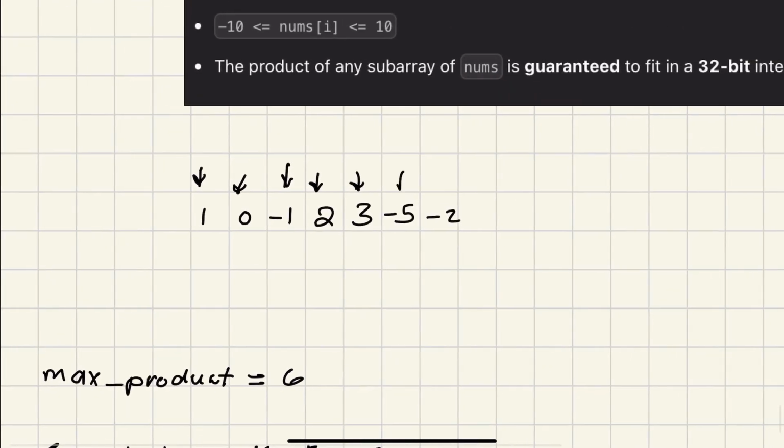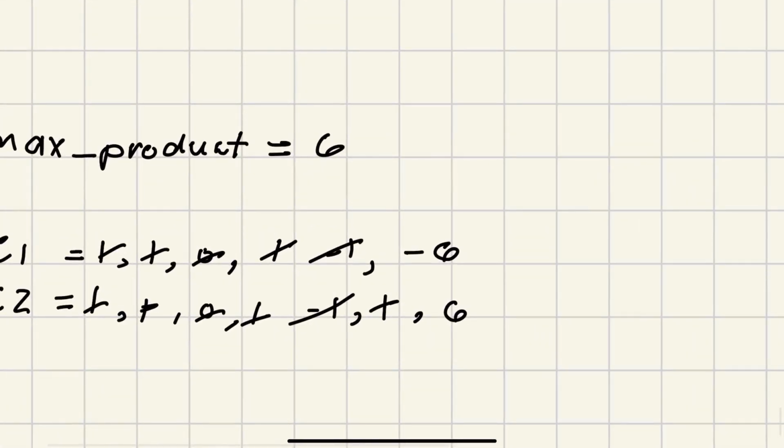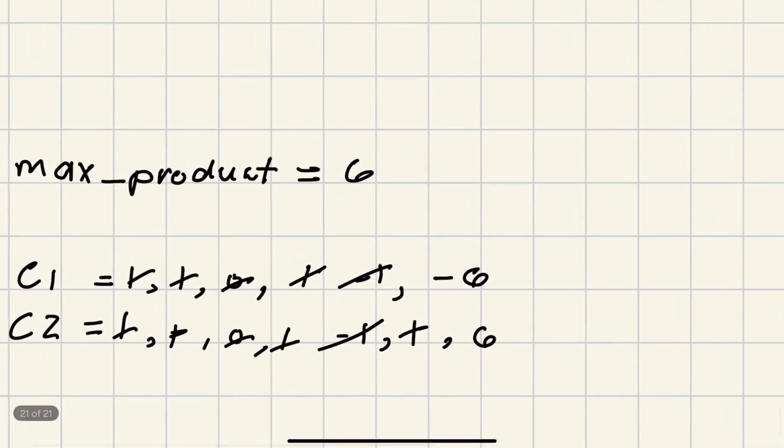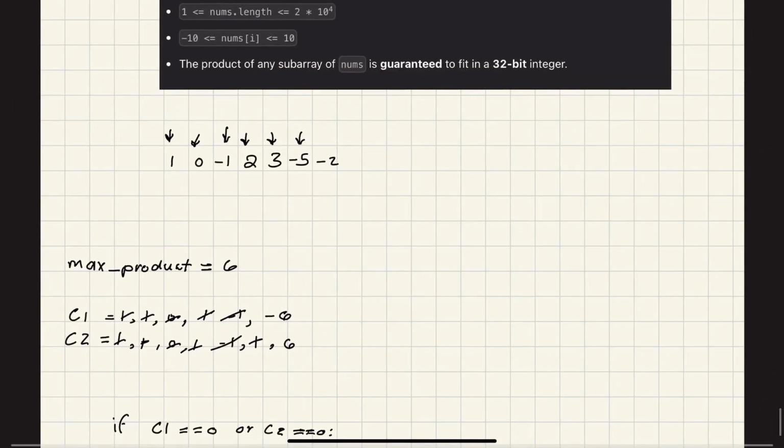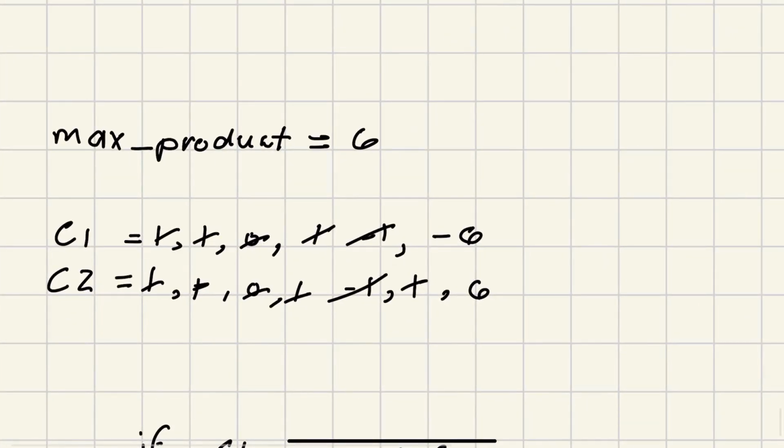Keep going to -5. Now see, if we were to have kept one counter, oh, actually that doesn't prove anything yet. Yeah, okay, if we were to have just kept a +1, well, this becomes a -30, and -30 is less than 6, so we can't do that. But because we also kept a -1, we have a +30.